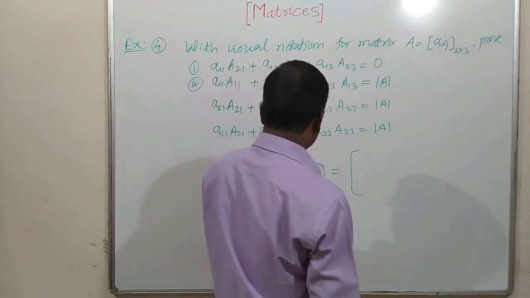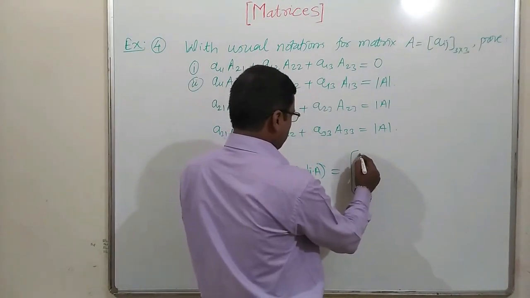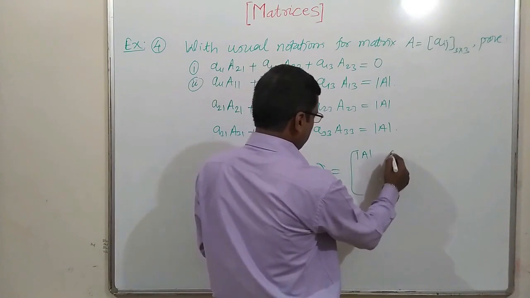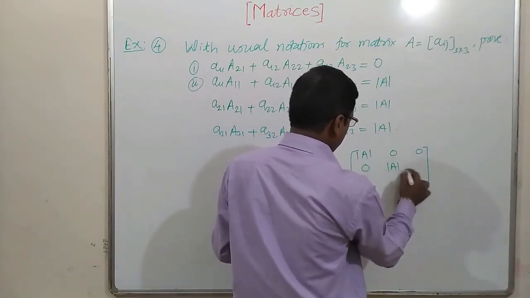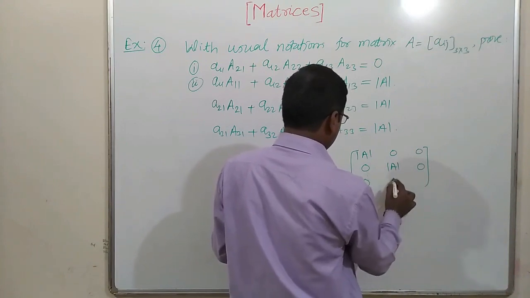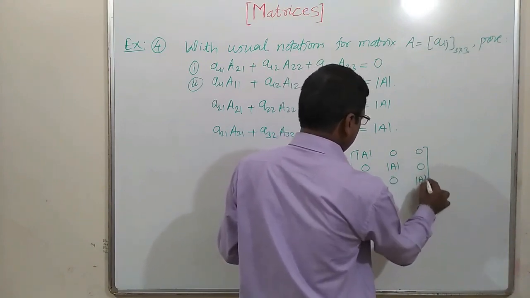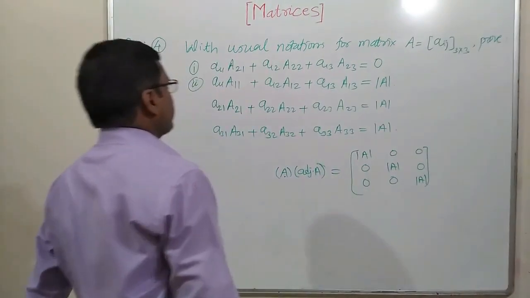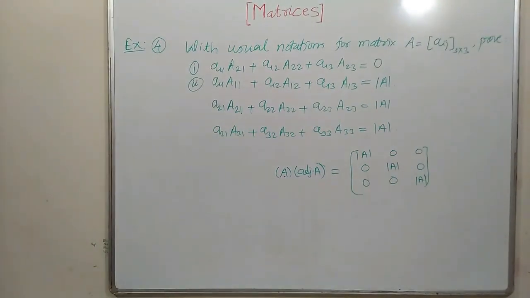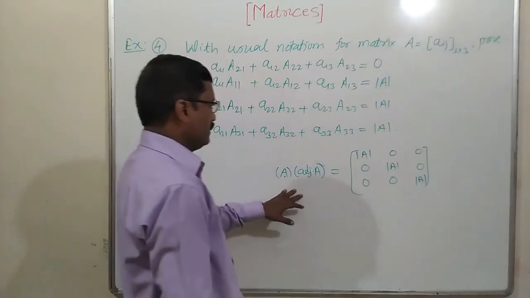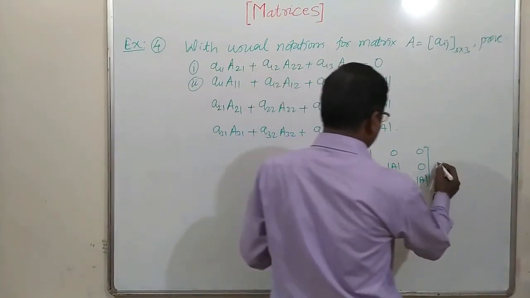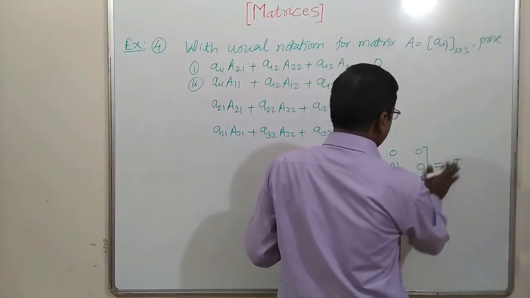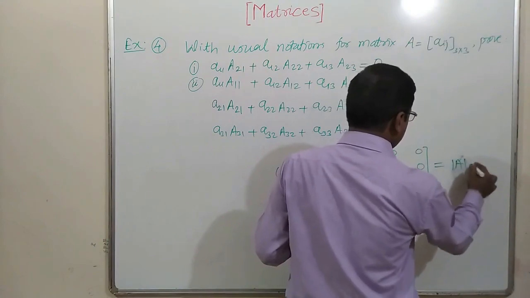We have found A into adjoint of A. In that case, we get determinant of A, 0, 0, 0, determinant of A, 0, and 0, 0, determinant of A. We have solved one example like that. In that case, the determinant of A is equal to 1, so we get determinant of A into R.